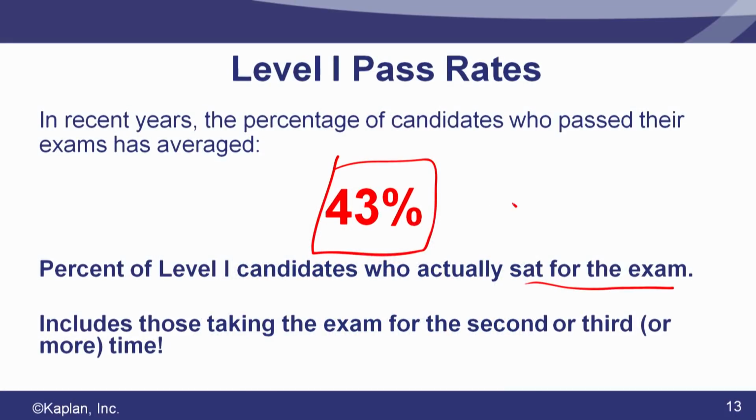Those that registered told themselves they could study, intended to study, really intended to study, but just didn't get it done and don't show up for the exam for whatever reason. They're not counted in here. So it's not 43% of those who registered, but 43% of those who actually sat for the exam.